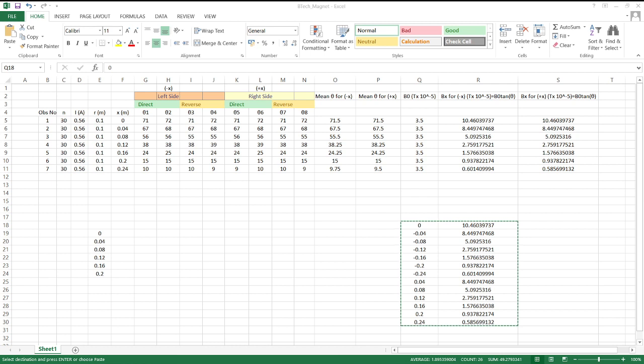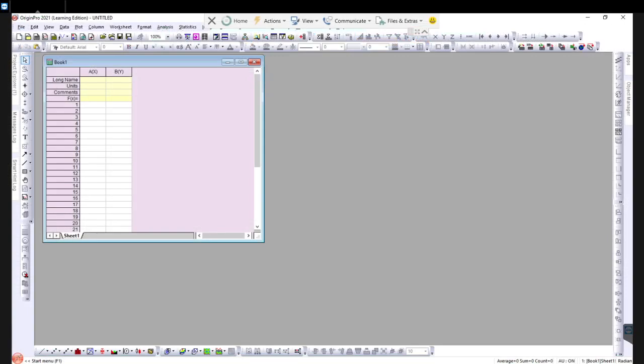So for an example, let us draw it using Origin. So this is 0, starting from 0 to first of all minus 0.24, then from 0.4 to 0.24. We'll plot this one. Let's check how it will look like. So this is my origin. We'll paste here.